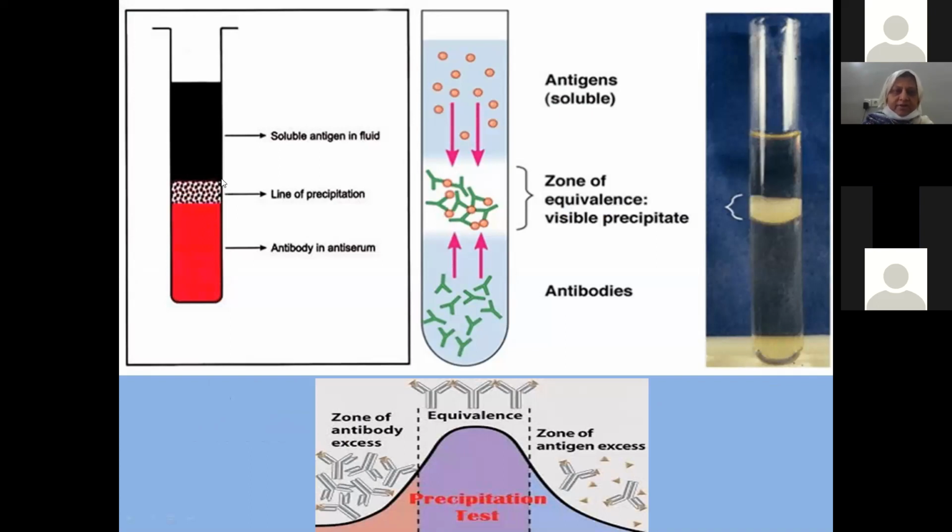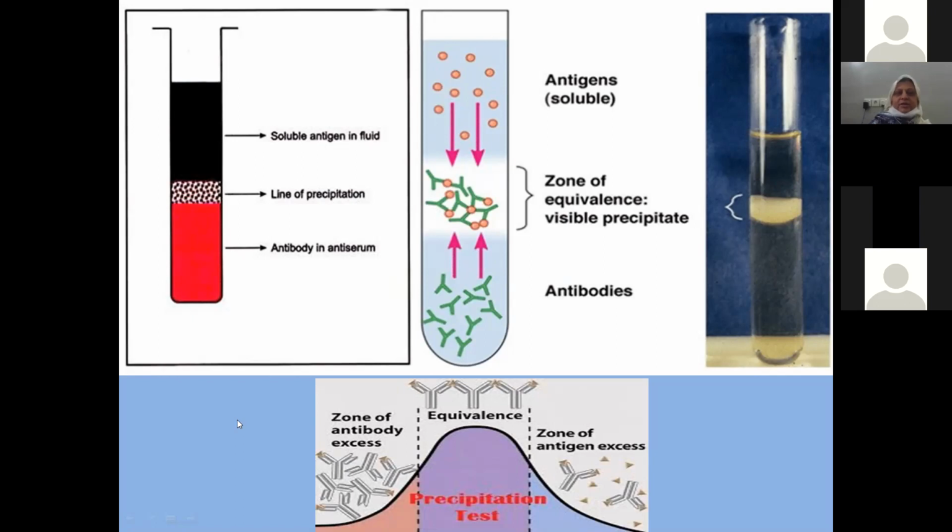This will form a precipitate which is visible. It's known as the zone of equivalence because antigen and antibodies are in the correct proportion. Wherever the antibodies are more than the antigen or the antigen is more than the antibodies, they cannot form a precipitate. So this zone of equivalence is a zone of visible precipitation.